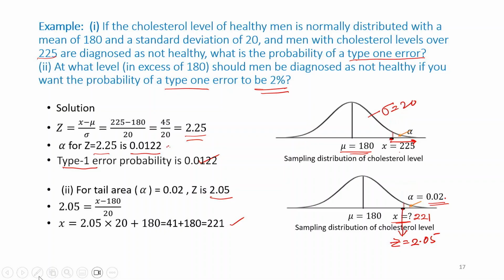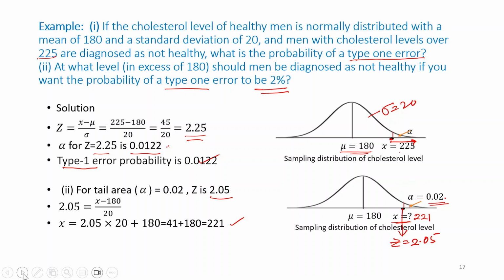So this is how now we can calculate type 1 error, and for type 2 error we need to know the mean of the populations. Not the existing one, but if the mean has shifted, where it has shifted.